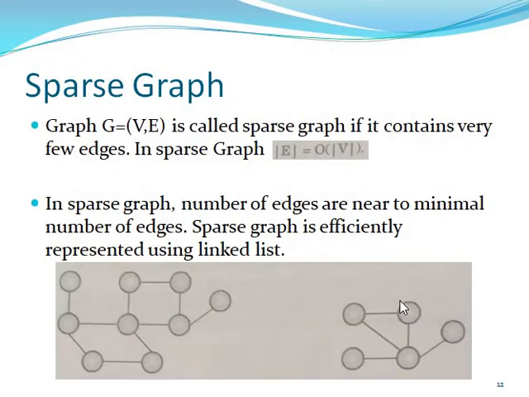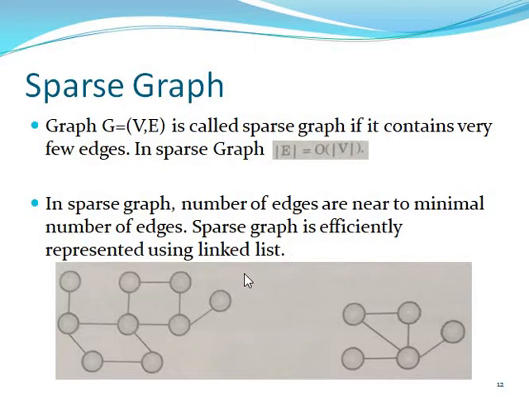Then next we have the sparse graph. The graph G is denoted by V and E. It is called the sparse graph if there are very few edges in the graph, for example, this one, and it is represented by big omega of V. In the graph, the number of edges is near the minimal number of edges, and the sparse graph is efficiently represented using a linked list.